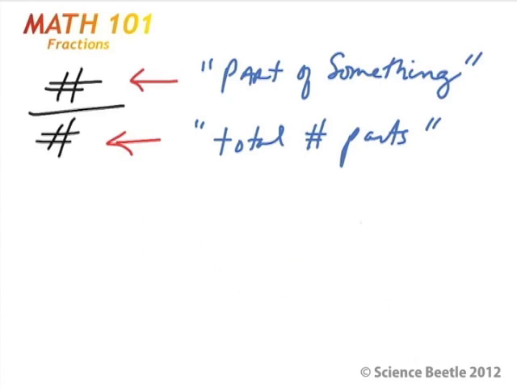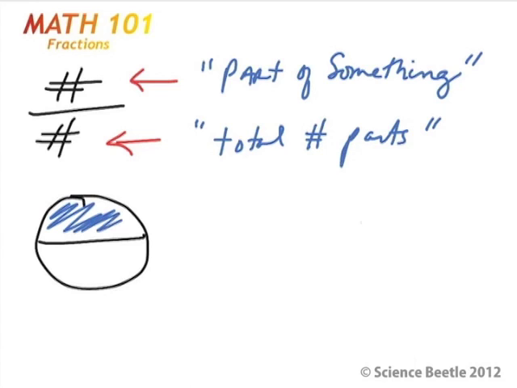So what if I had a circle and I divided the circle in half, and I asked you then to tell me how much does the shaded area represent? Well, you can see here that you have essentially 1 part there, and you have another part here for a total of 2.